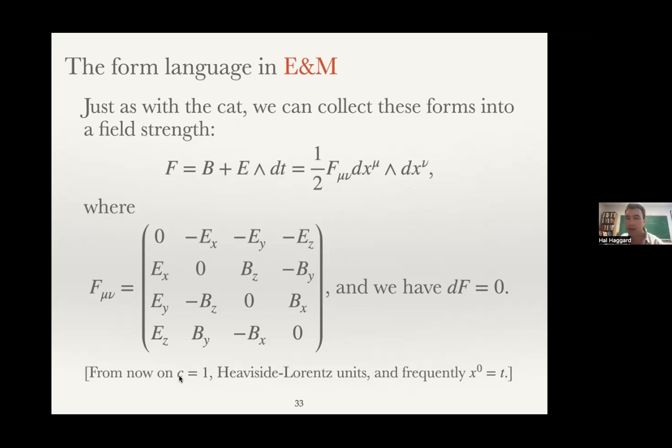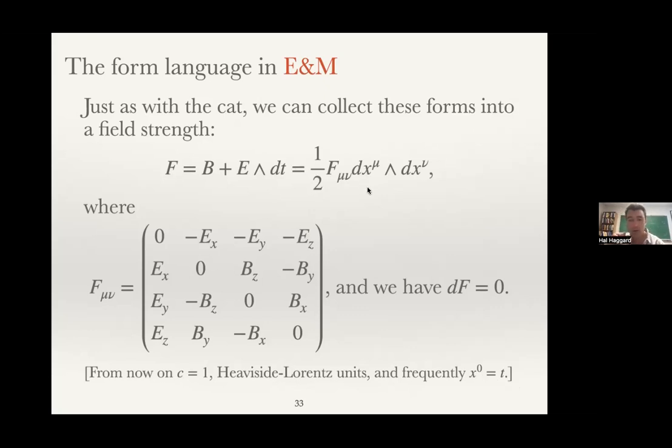The 4 pi's all get stuffed into the Coulomb's law and things like that, the force laws. And just for convenience, I often will just immediately write x0 as t, just so you can get your space-time intuition.